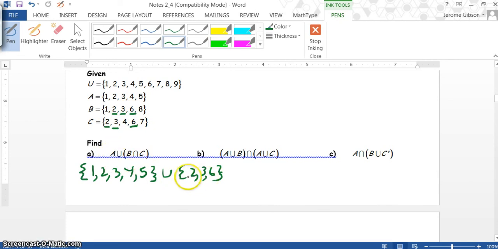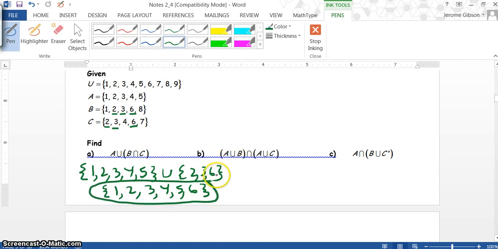Now we will union these together, and remember, we only write one time what they have in common. So we will combine these. We will have 1, 2, 3, 4, 5, 6. And that is our final answer.